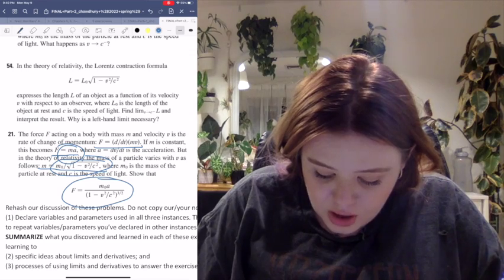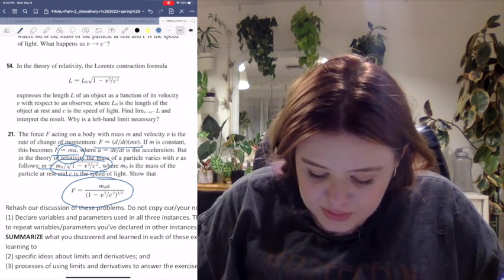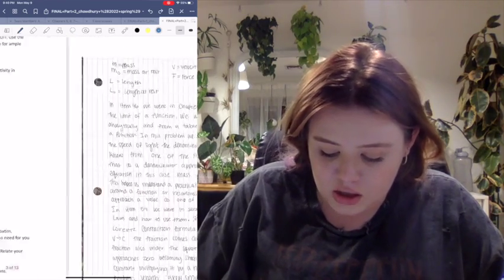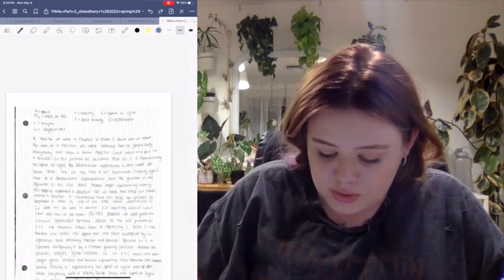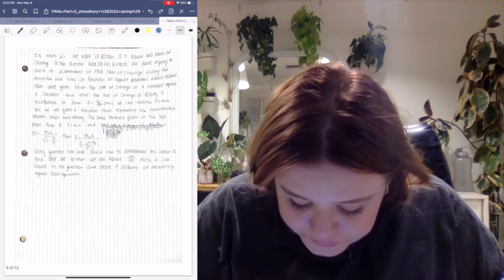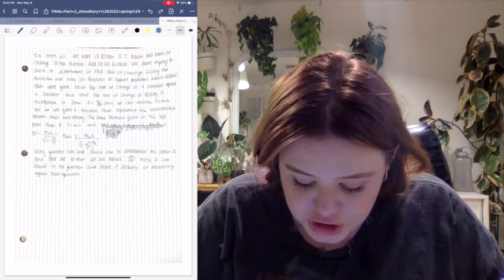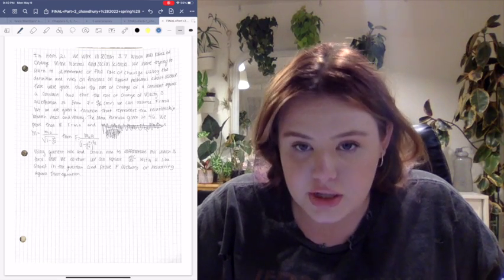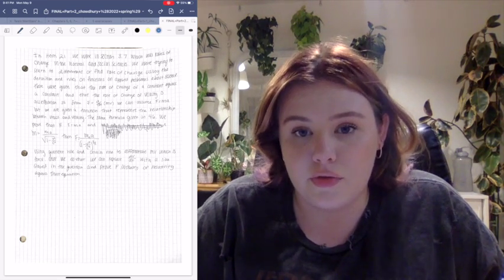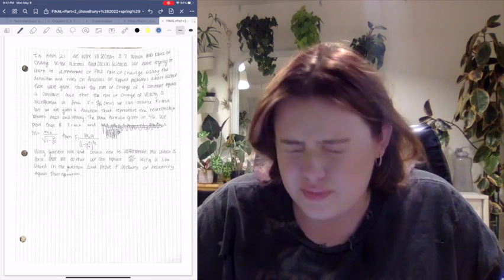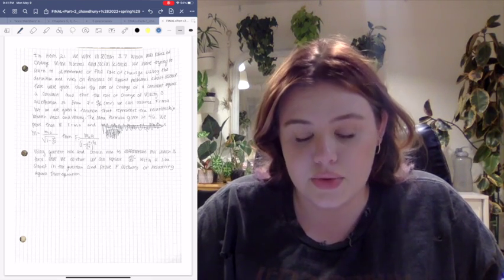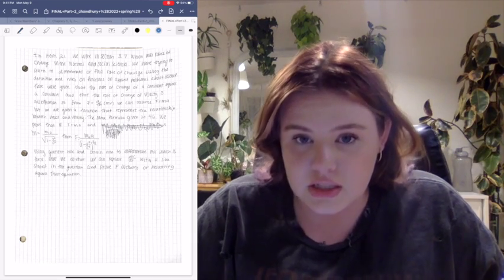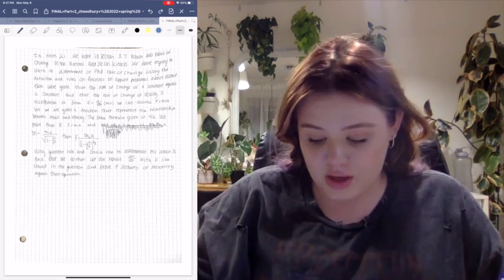So we can say m naught times acceleration divided by 1, like all of the work that I showed back here. I'm having trouble explaining it right now, but use quotient rule and chain rule to differentiate mv, which is force. So you take the derivative of mass times velocity.